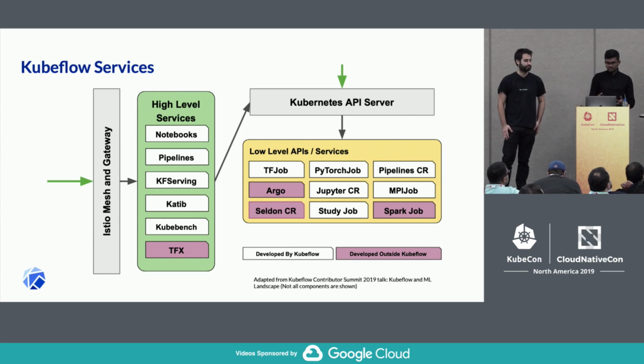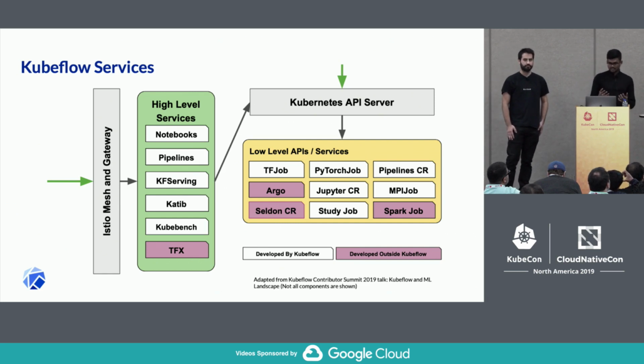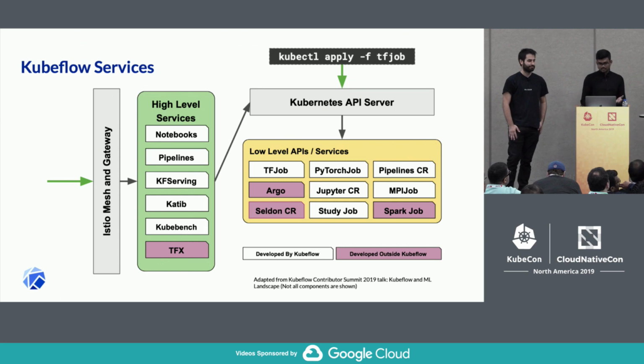So by virtue of this, we get access to the Kubernetes API server, definitely, isn't it? So if you're thinking, if you can get, list, watch, delete, etc., you can do that. How are you going to use TF job operator? It's very simple. Use kubectl, apply TF job.